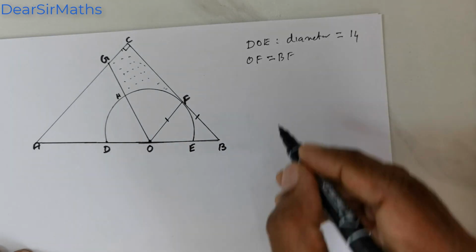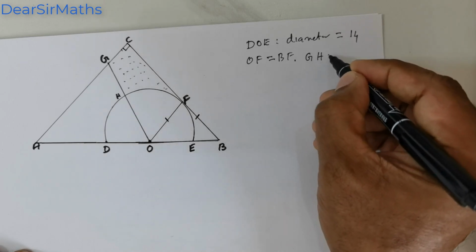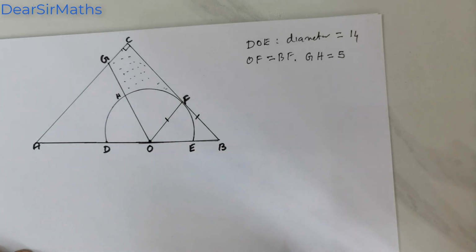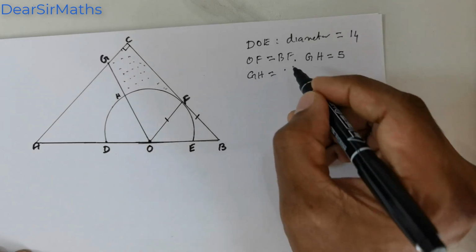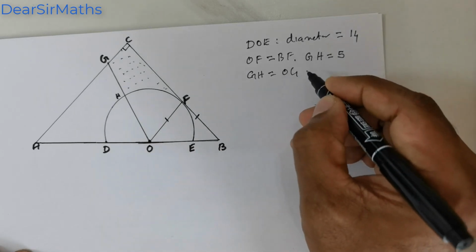And then we are given GH to be equal to 5 units, and that GA is equal to OG.